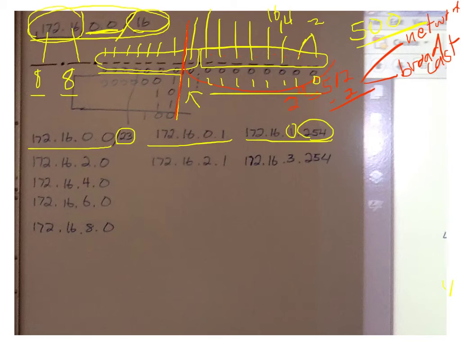Our next address is this one, and that one goes with 172.16.2. We got a 1 right here, and if you look at that in terms of the octet where that's divided, that would be a 2. Oh, excuse me, that one's a 4. That's this one down here. This one here would be the 2.